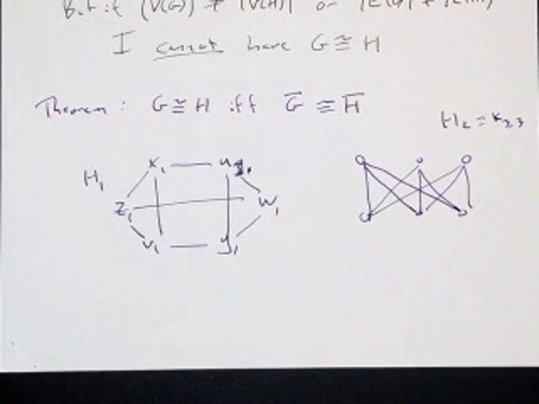How many vertices in H1? So order size 9. What about K?